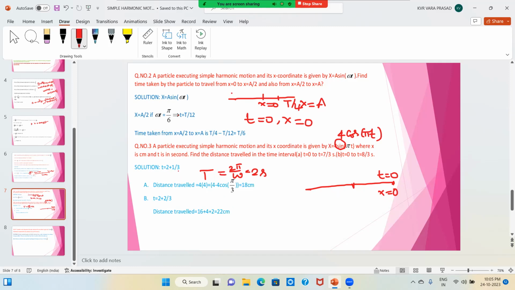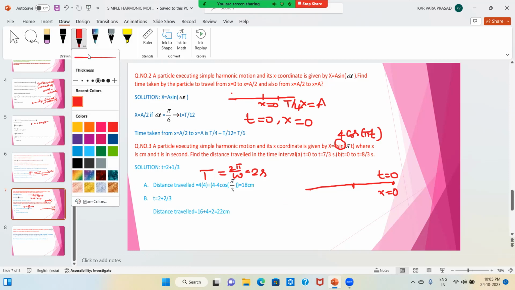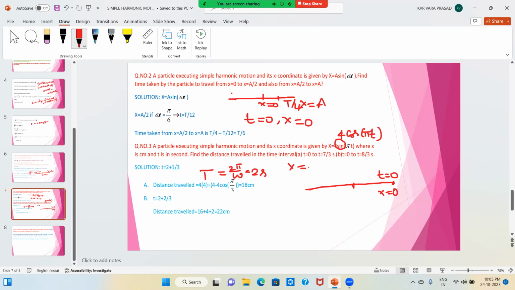Now focus on the extra 1/3 second. See what I am doing here. I am writing the value of x. So x equals, taking the extra 1/3 second, 4 cos pi by 3, that means 4 cos 60.